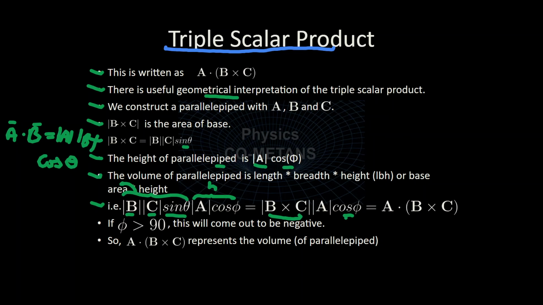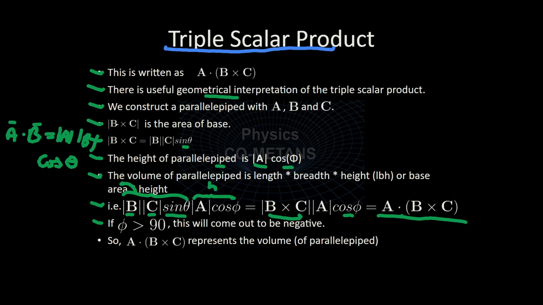So it looks similar to this. So b cross c, let us call it d. So modulus of d, modulus of a into cos phi, it will give me a dot d. But what is d? d is b cross c. So we get it as a dot b cross c. Now if this phi is greater than 90, then the result will turn out to be negative. We'll see how it is.